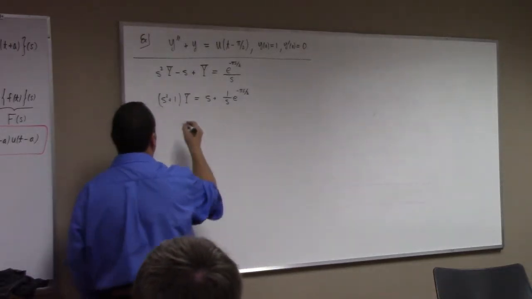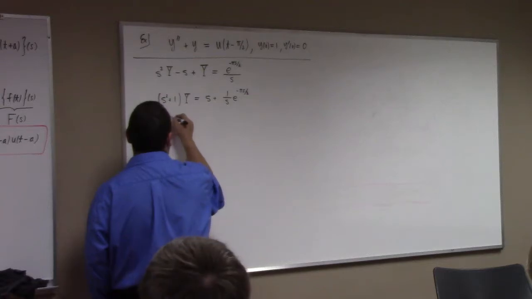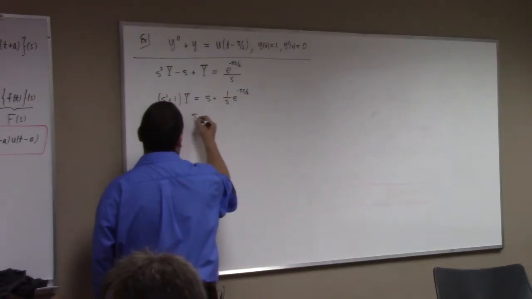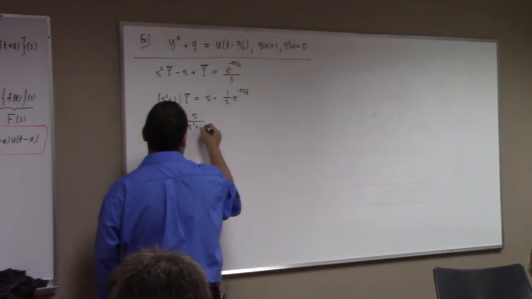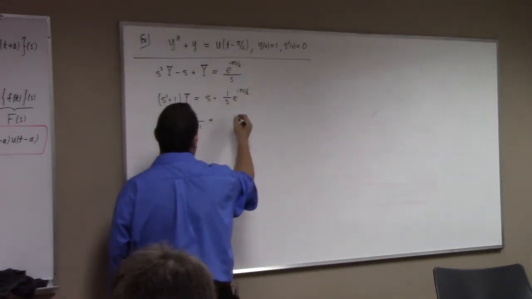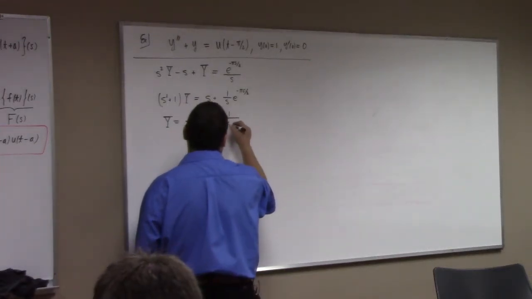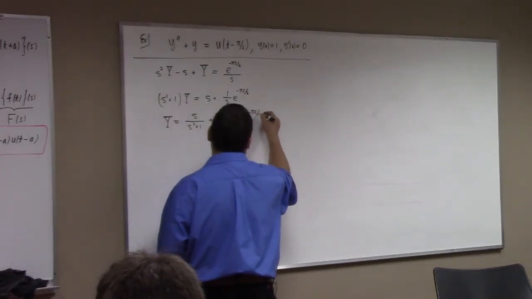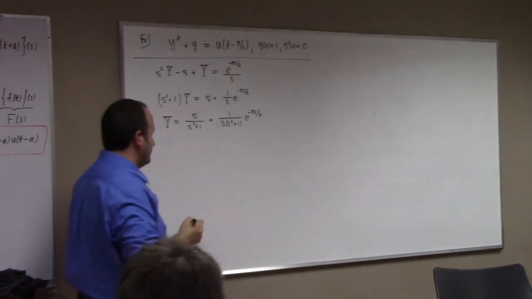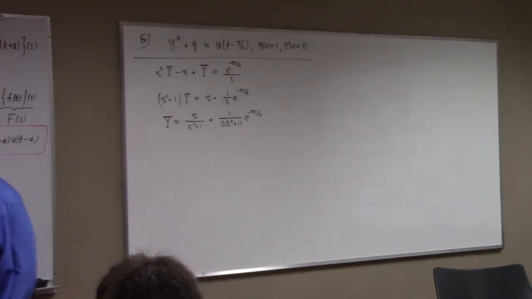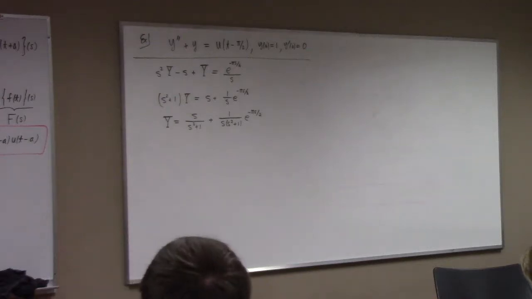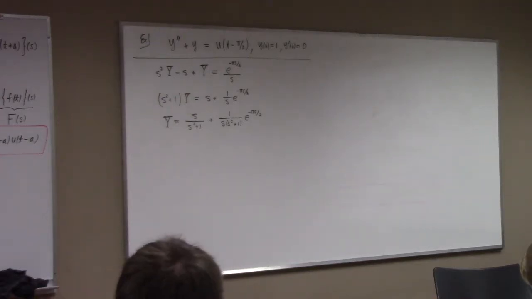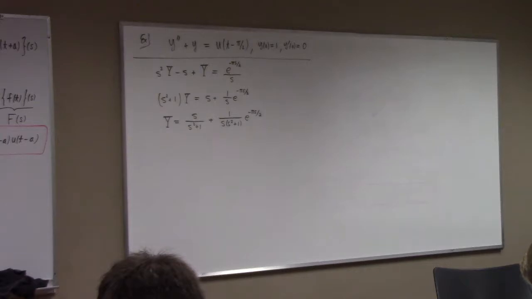To solve for big Y, we divide by s squared plus 1, and it's going to give us s over s squared plus 1 plus 1 over s times s squared plus 1, times e to the minus pi s over 2. The first term is simple to take the inverse transform of. That's just cosine: s over s squared plus 1 inverse transforms to cosine. That's like table 7.1, somewhere in there.